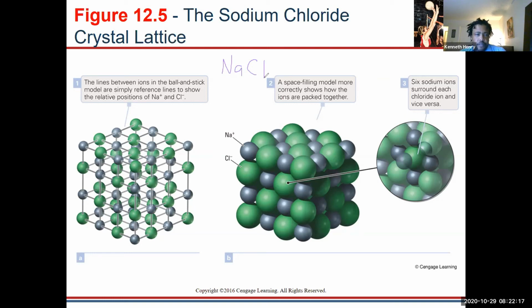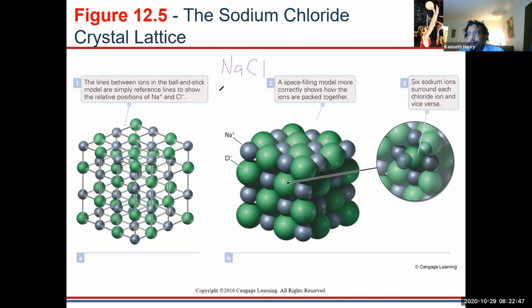Basically, even though I'm making it a little bit harder so that you can understand the concept of formula mass versus molecular mass, it looks like this, but we make it simple for us to understand, and also for calculation purposes. So we just say sodium chloride. So when we calculate the molar mass of the sodium and the chloride.